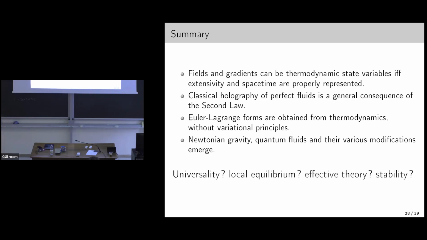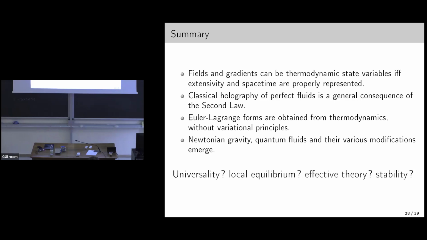Of course, there is the question of how far we can see in this framework. The questions are universality, what is local equilibrium, and how much hydrodynamics is an effective theory if the Schrödinger equation is part of the system. And of course, one of the benchmarks is stability, and how we could produce a more or less stable dynamic.